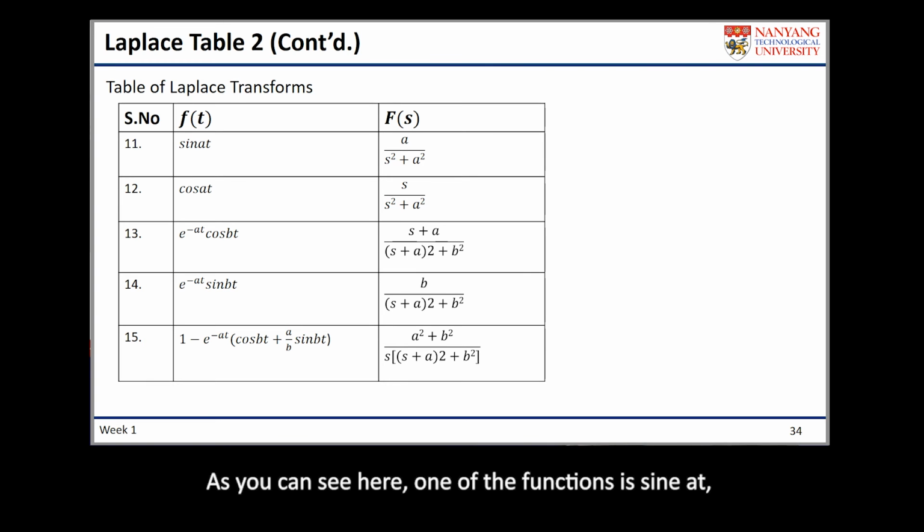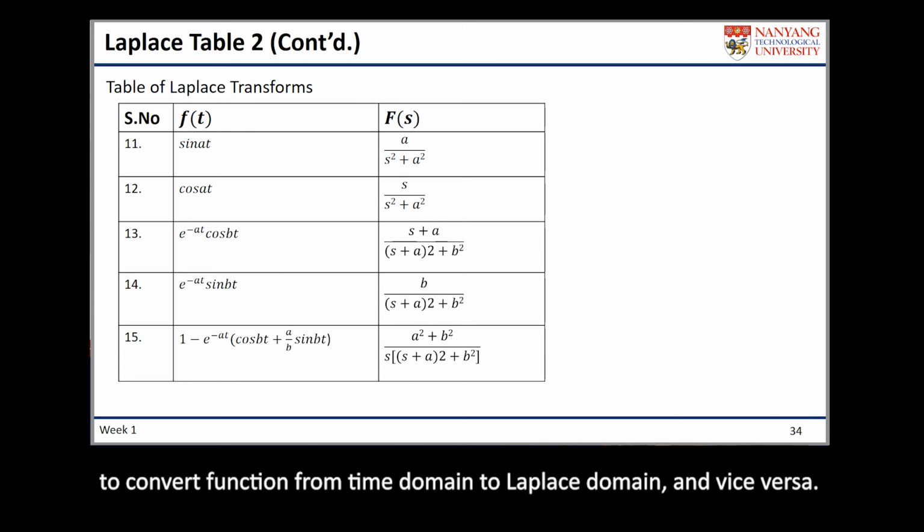Okay, as you can see here, one of the function is sine at. A is a constant again. In Laplace domain, the Laplace counterpart of sine at will be equal to a over s squared plus a squared. Okay, so these are the 2 tables that you need to convert function from time domain to Laplace domain and vice versa.